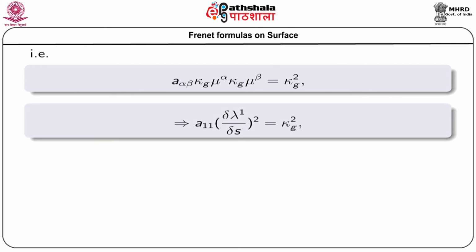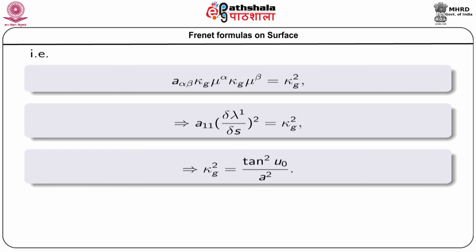So, putting the values of alpha beta as 1 and 2, we get A 1 1 into del lambda 1 del S whole square equals kappa g square. Therefore, kappa g square is equal to tan square u 0 by a square. We put the values of A 1 1 and del lambda 1 del S in the above expression and get this kappa g square.